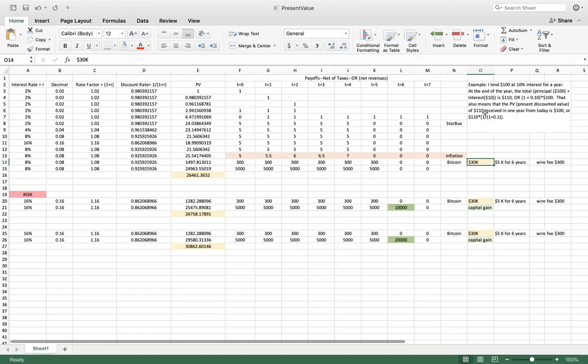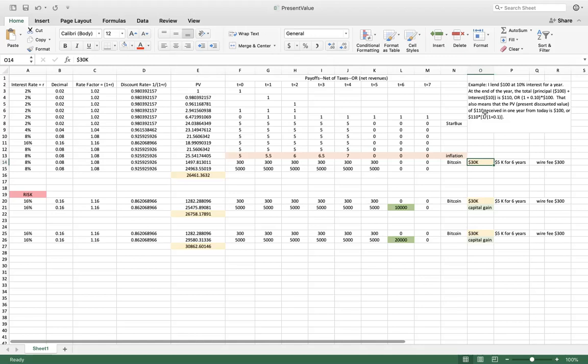If the Starbucks card wasn't going to be used for Frappuccinos, but was just a promise for a drink, I'd probably have to think about what drink I was going to use and what the value of that drink was before I could figure out the present value of that promise to get whatever Starbucks drink I wanted each year. Likewise, with something like Bitcoin, Bitcoin doesn't promise you anything.